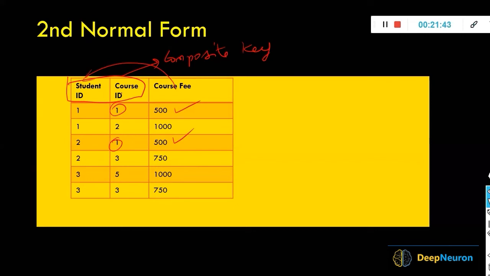Course ID depends on student ID, right? This student has taken courses 1 and 2, this student has taken course ID 1 and 3. So these 2 columns are fully functionally dependent. But the course fee is not dependent on the student, right? It is dependent on the course only.